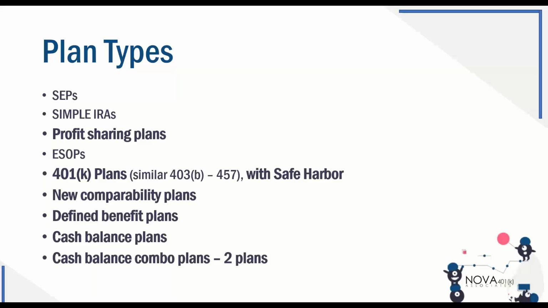You can look through those, and when you get to the bottom, which is our highest complexity, we talk about combo plans, and that's a term that I'll use a lot, and that simply means a cash balance plan plus some type of a defined contribution or DC plan, and that's our highest deductions and our highest complexity.